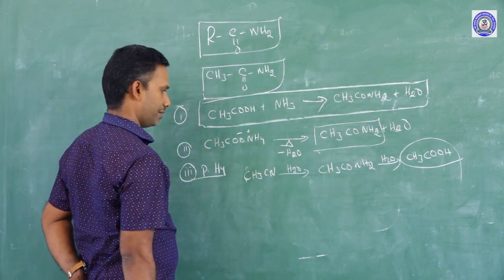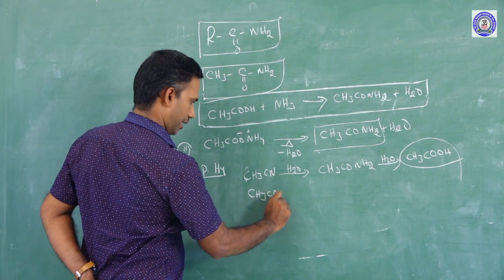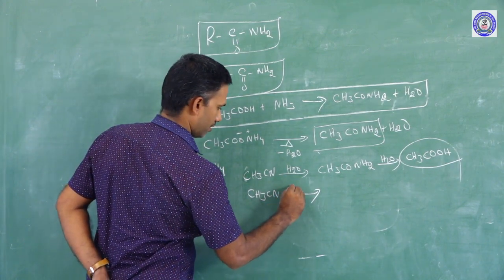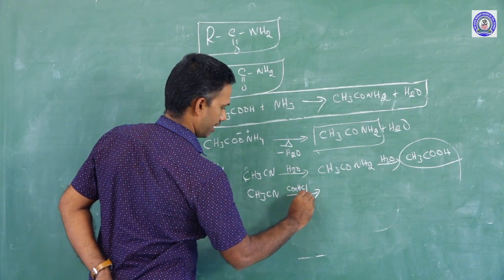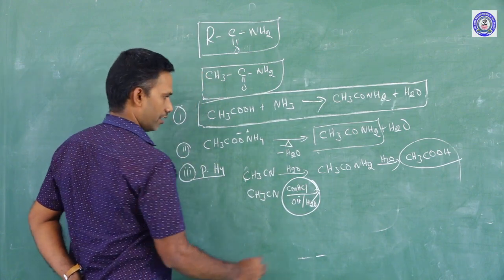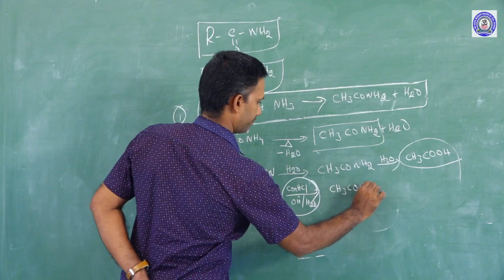Complete hydrolysis takes place. But if you apply some condition or controlled hydrolysis, for example using concentrated HCl and OH minus and water, this is a reagent. If you use this reagent only, it will stop at the amide itself.